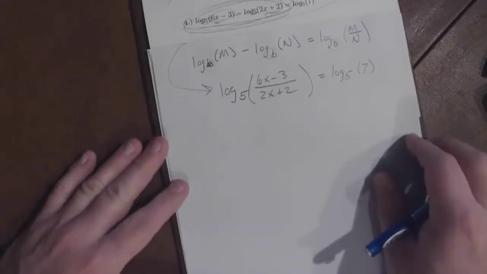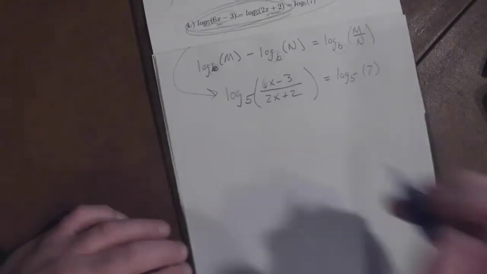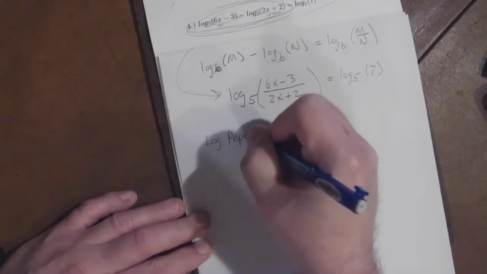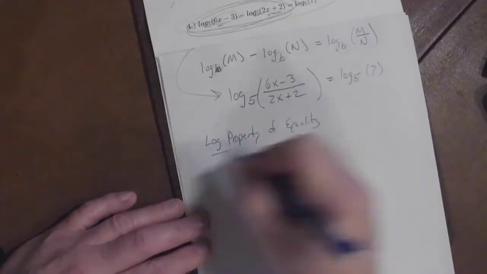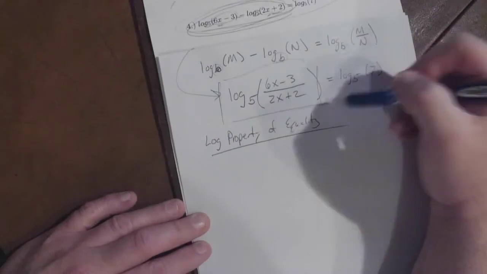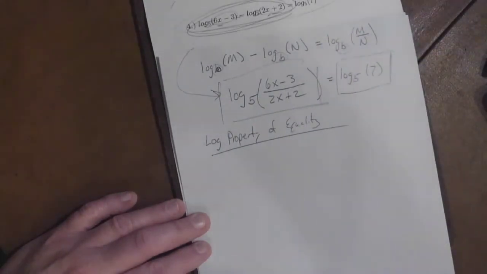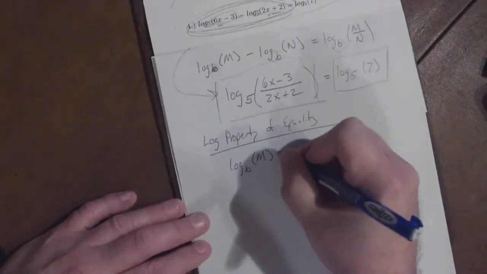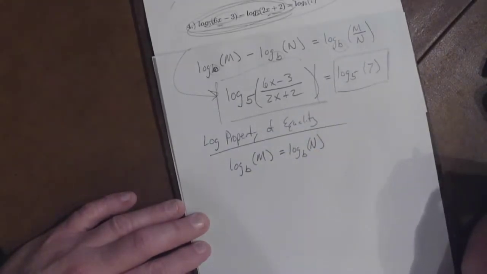Where, to go any further with this, what we might consider now noting is that there is what we call the log property of equality, right? Where you will notice we are taking a logarithm on the left and saying that it must equal this logarithm on the right. Well, a log base b of m will equal a log base b of n, right?